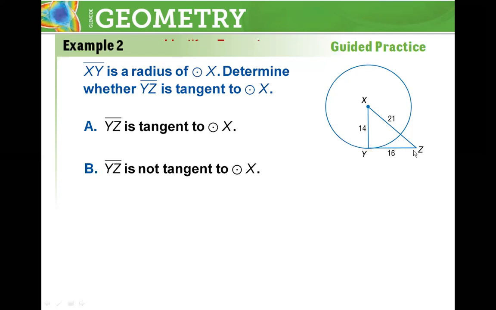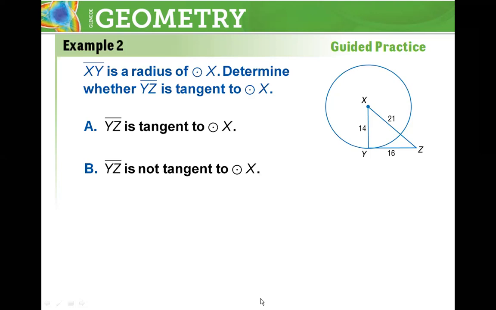If this line is a tangent, this angle Y is 90 degrees, so we must satisfy the Pythagorean theorem. If 21 squared equals 14 squared plus 16 squared, then this angle is 90 and YZ is a tangent. We need to calculate together.